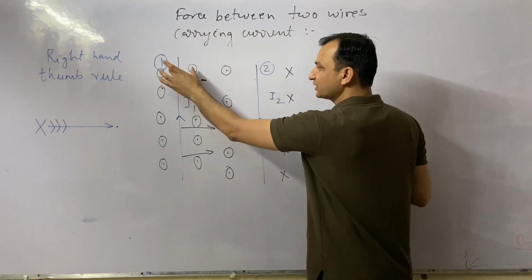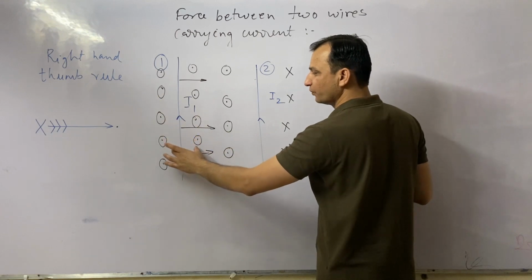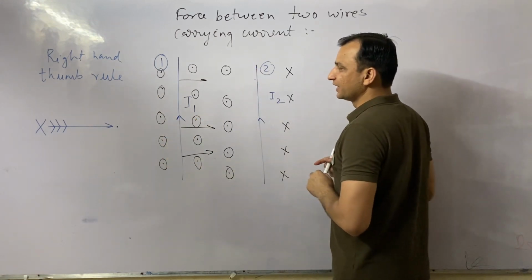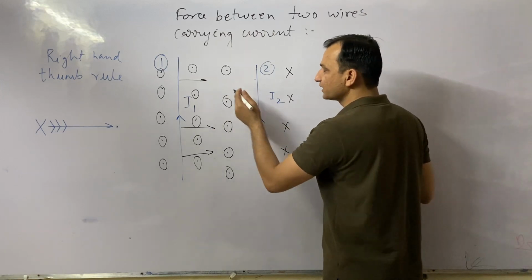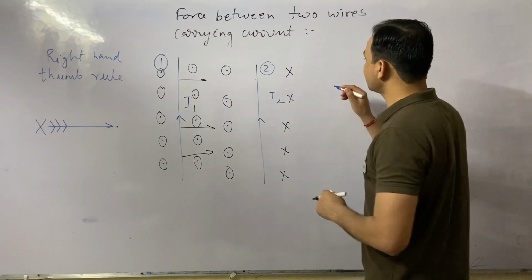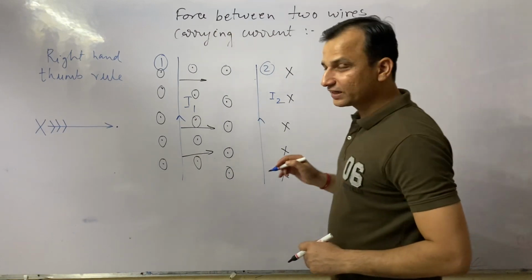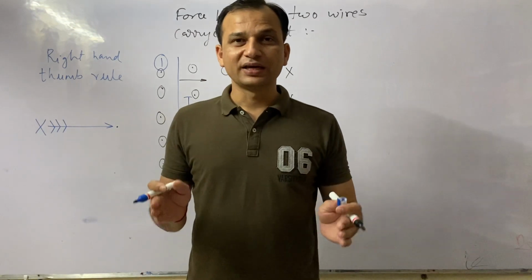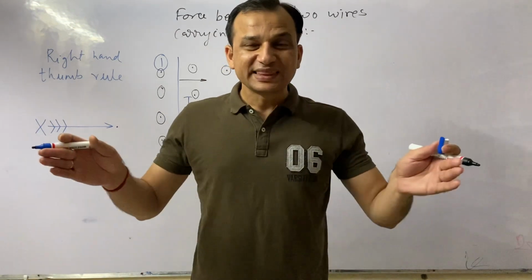Now the direction of force on wire 1 due to wire 2 is towards the right side. It means these two wires are attracted. So you can say, when current flows in parallel wires in the same direction, they attract.